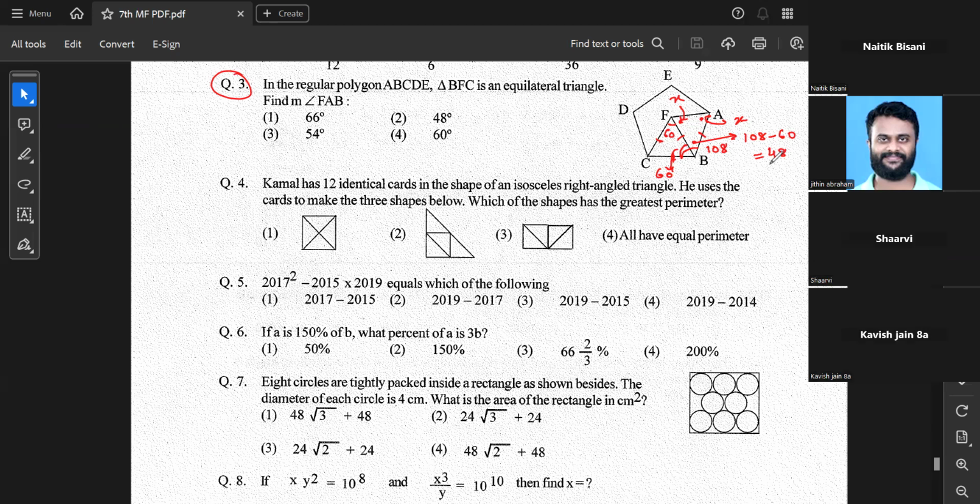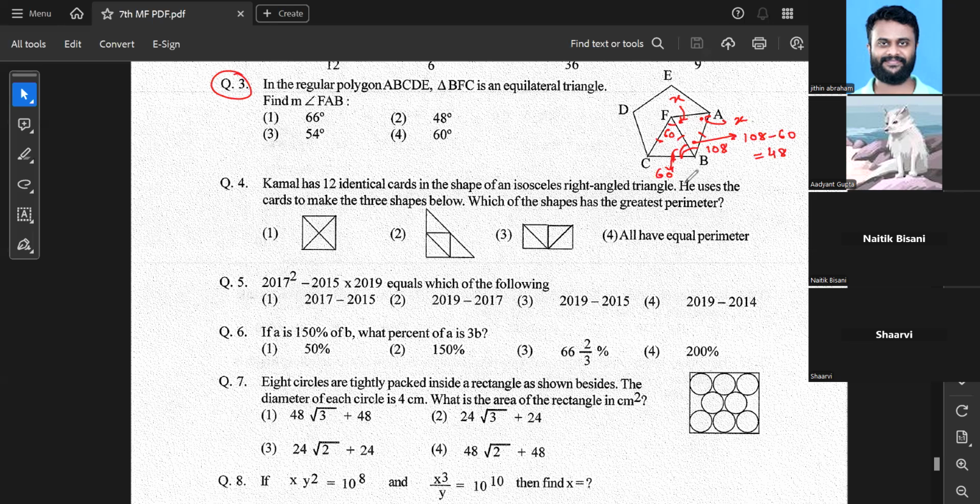I had a doubt: can we say FC is equal to FA? No, we cannot say, because F is not the center. Absolutely. I just wanted to confirm. If F was the center, then all the angles and all the sides would have been the same.